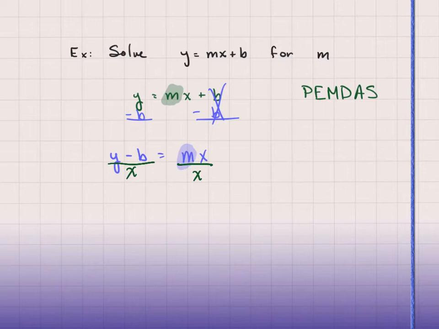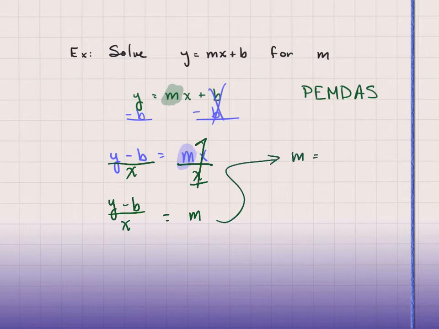And x over x is just a 1. It just cancels out, leaving me with an m. And the left-hand side is whatever it is: y minus b over x. Again, we'll flip that around. So it's the same expression. We're just using the mirror image of it, as it were. Okay.